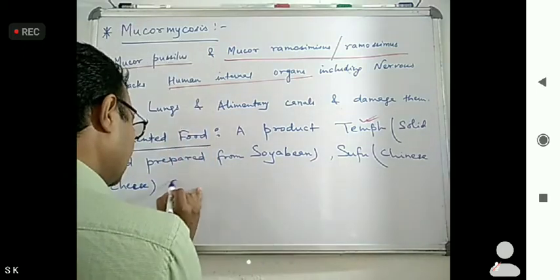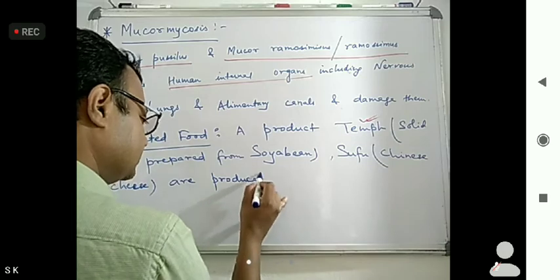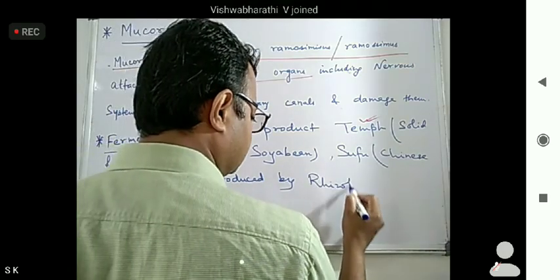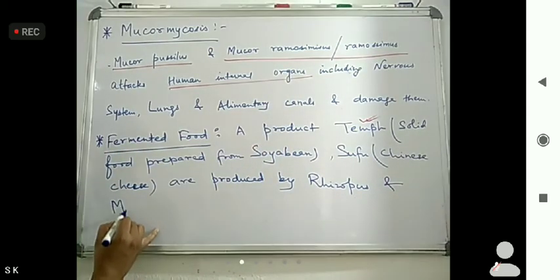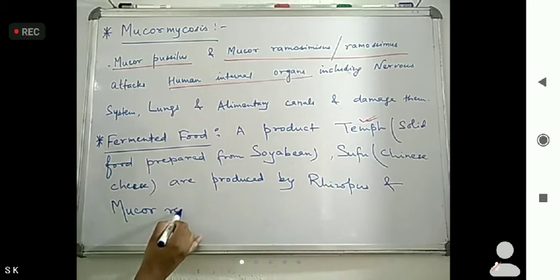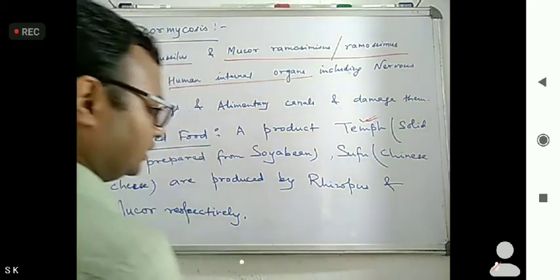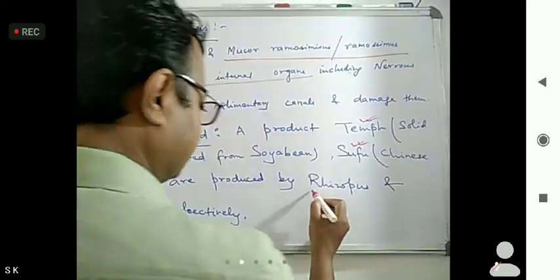So they are produced by rhizopus and mucor respectively. Okay, this you have to remember, tempeh and sufu, from where they are preparing.